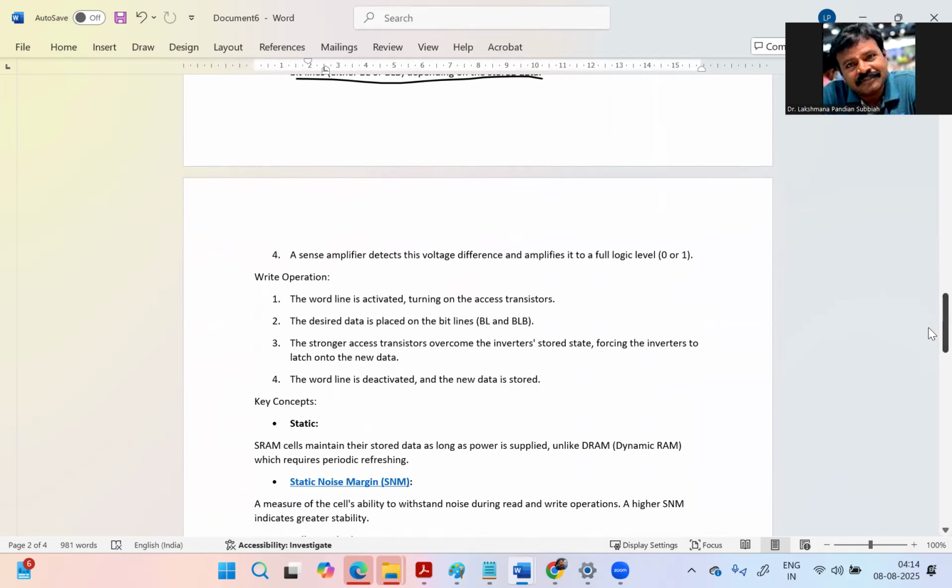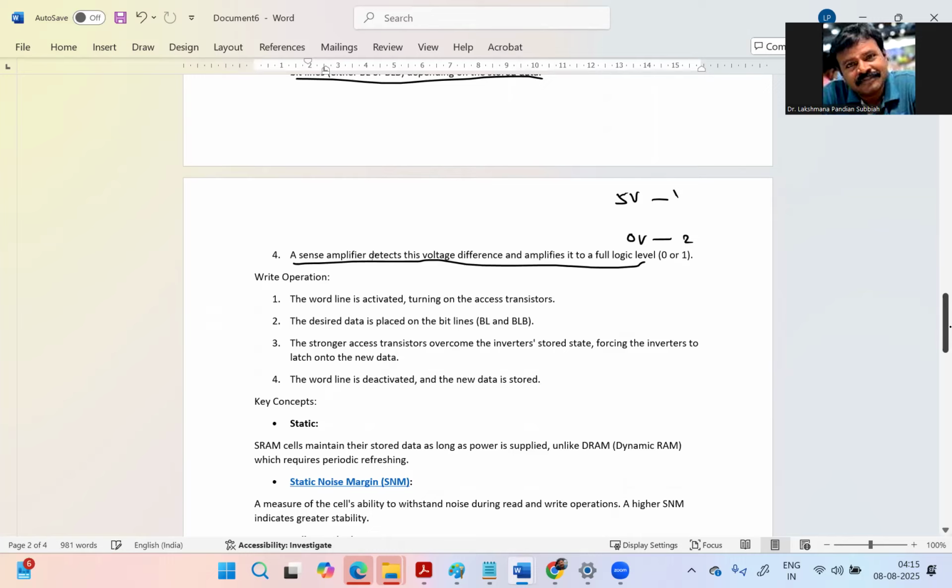A sense amplifier detects this voltage difference and amplifies it fully. So here we have one amplifier, right? If the voltage level is 5 volts, it is 1, and ground is 0 volts, right?